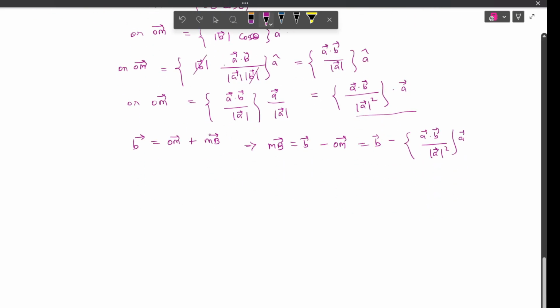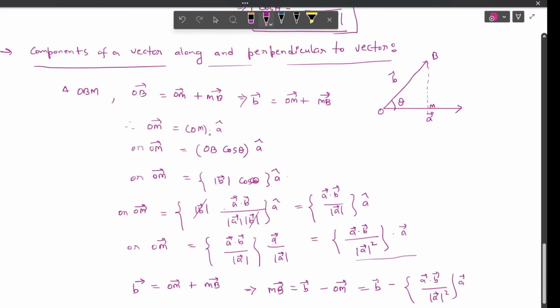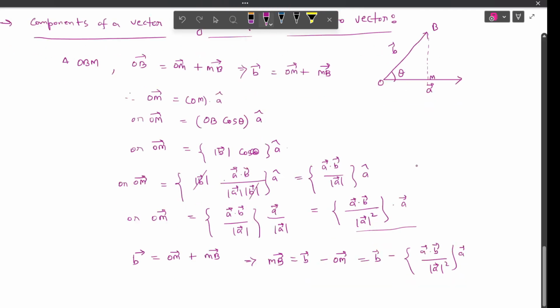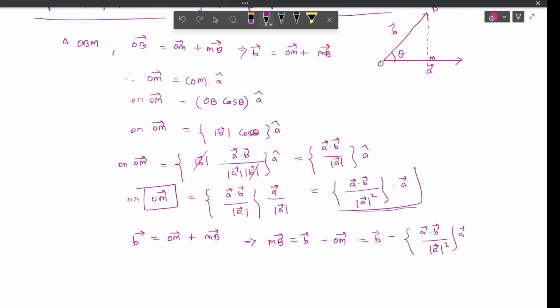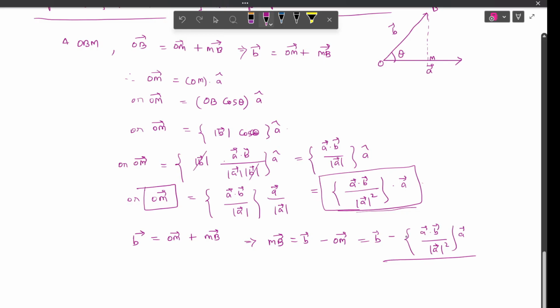From this we have just found the component of B perpendicular to A. This is your component of B along A, and this is the component of B perpendicular to A.